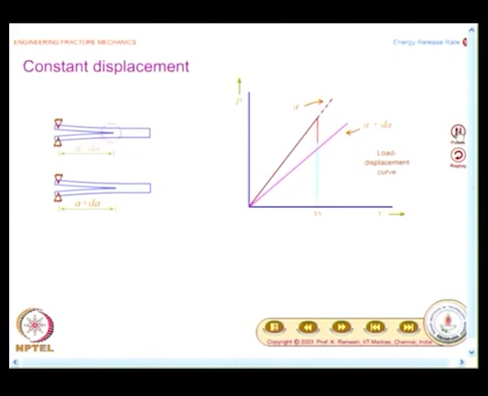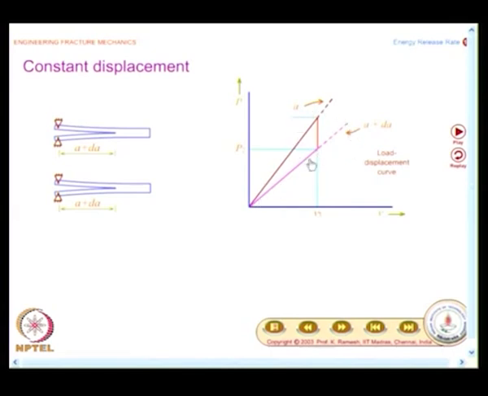The crack is growing to A plus dA. When the crack is going to A plus dA, I will have to move from this graph to this, and that is why this is put as a dotted line. Why is this put as a dotted line? If I take a specimen and have this load as P, the moment I reach the load P, the crack would advance, and I have to interpret only from the next graph.